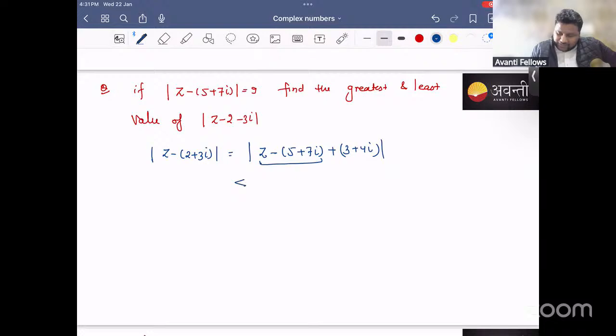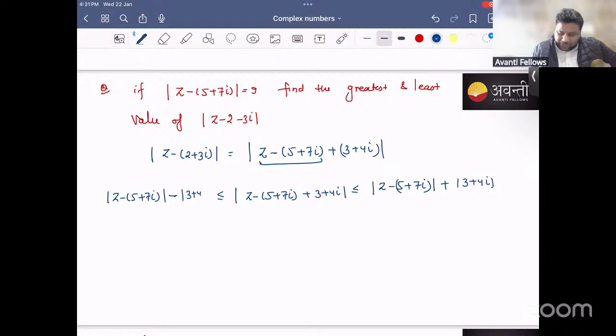So it is less than or equal to magnitude of Z minus 5 plus 7 iota mod plus magnitude of 3 plus 4 iota, and it is more than or equal to Z minus 5 plus 7 iota mod minus magnitude of 3 plus 4 iota, complete mod of this.